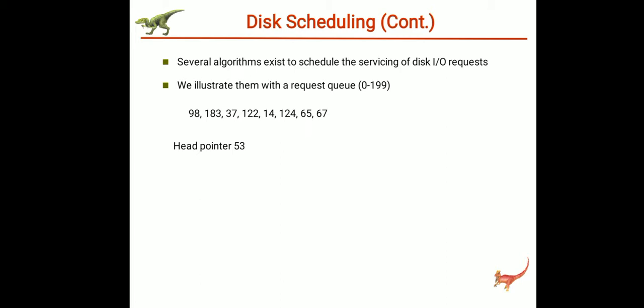When one request is completed, the operating system chooses one of the pending requests in the queue. But how does the operating system make this choice? How does it decide which request should be served next? To make this choice, there are different disk scheduling algorithms available.